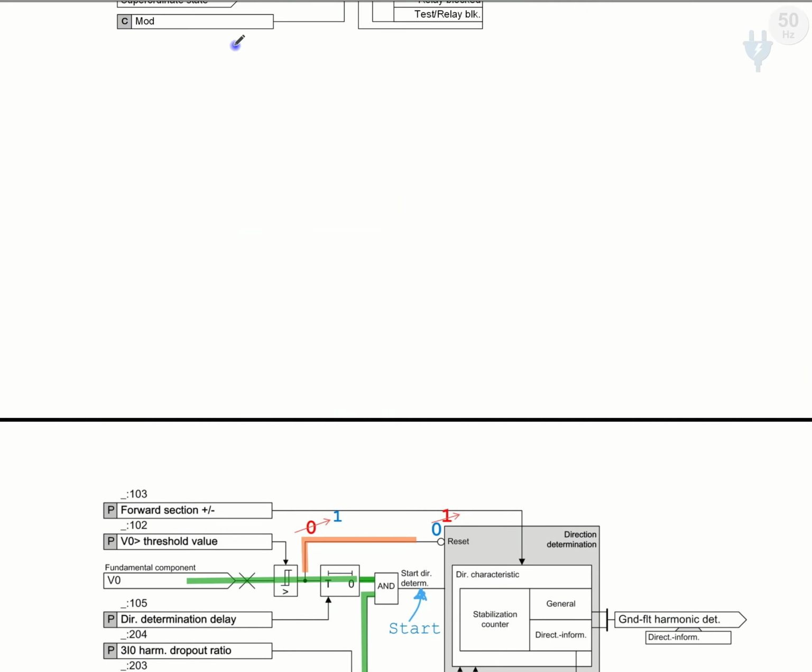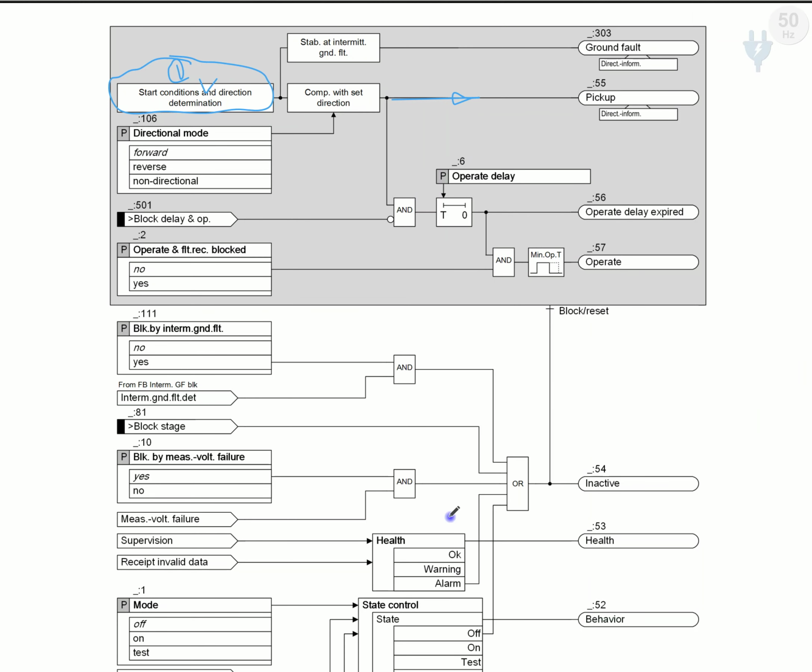The main point which remains is that we now have the supply for stabilizing against the intermediate ground fault. If there is an intermediate ground fault, it should be stabilized. If it passes this stabilization process, then it is shown to the system that there is a ground fault, and it is compared with the set direction, which direction it should operate in.